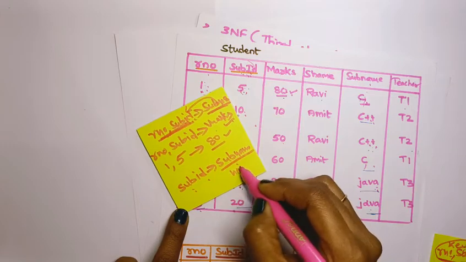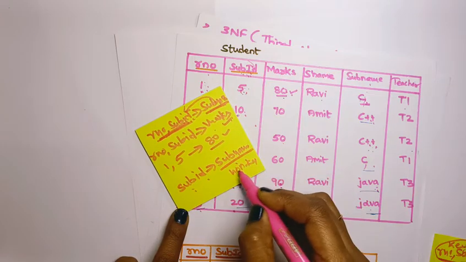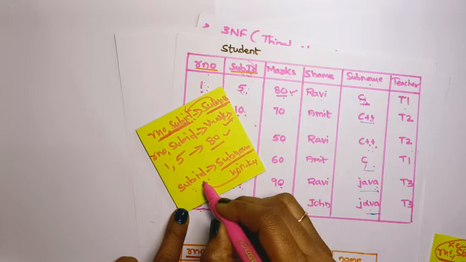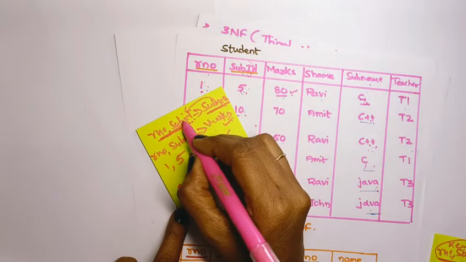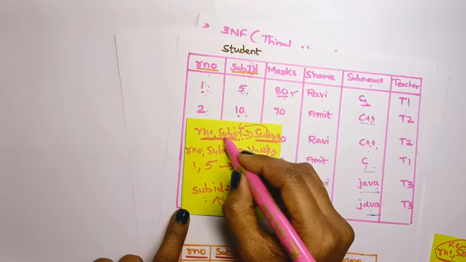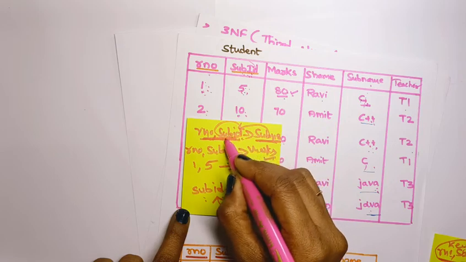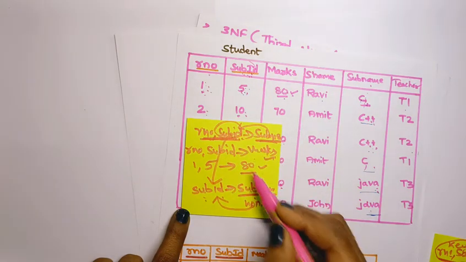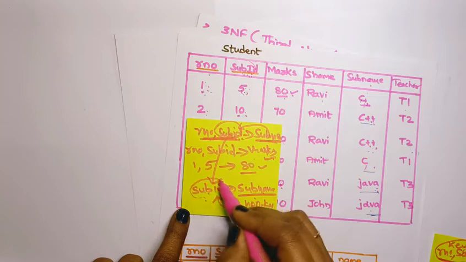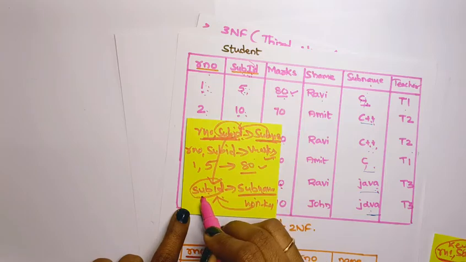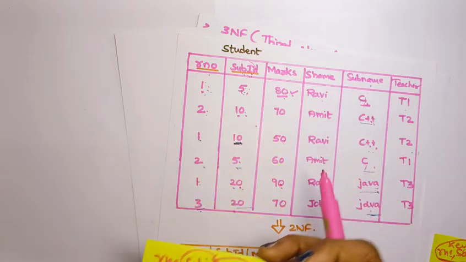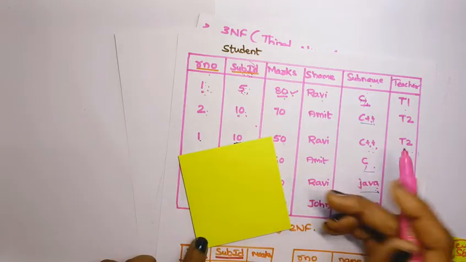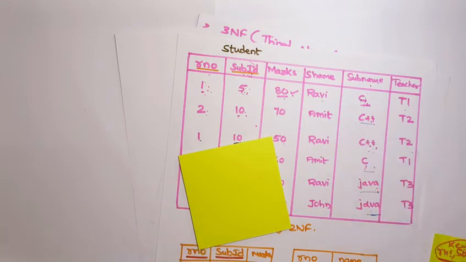Subject name is a non-key attribute, and this non-key attribute is depending on a part of the primary key. Subject ID is nothing but a part of the prime attribute. So subject name is depending on part of the prime attribute. That's why this is nothing but a partial dependency. Partial dependencies are not allowed in the 2NF.